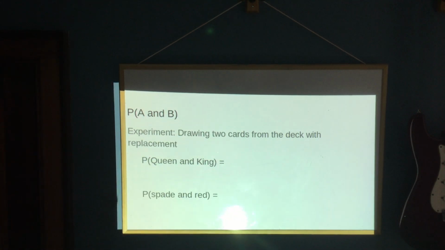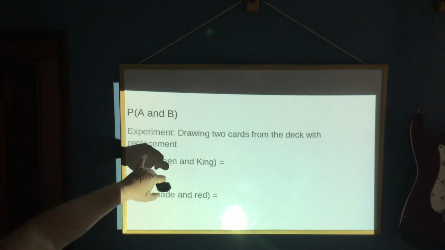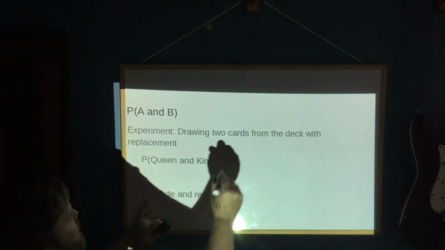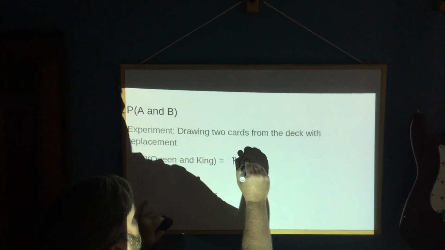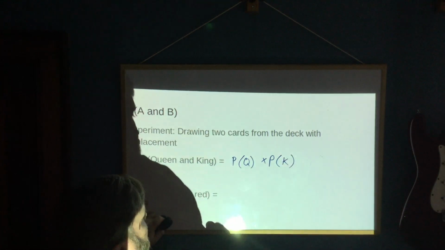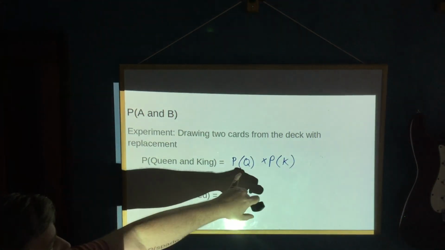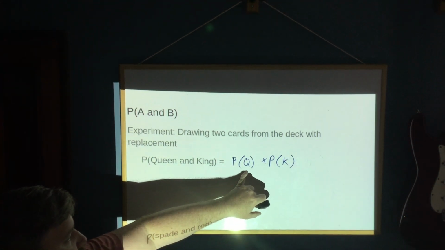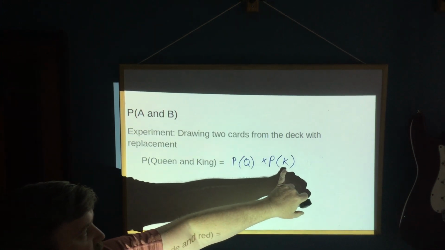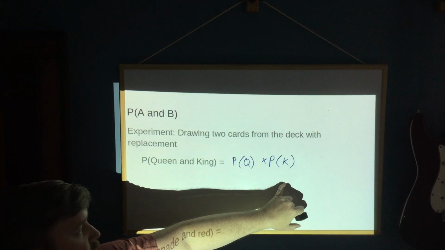This time we're going to draw 2 cards, but we're going to replace. So in other words, we want to know the probability that the first time I get a queen and the second time I get a king. So that's going to be the probability of a queen times the probability of a king. If I draw that queen, that's a 4 out of 52 probability. The probability of a king is also 4 out of 52.